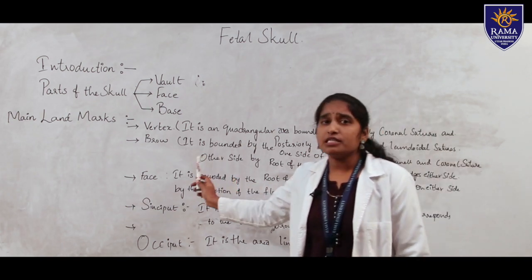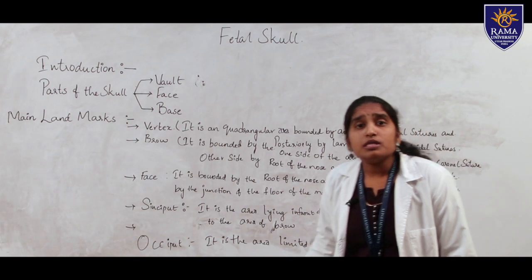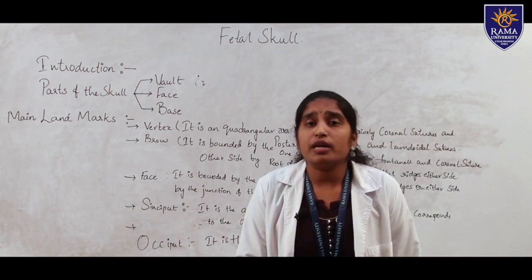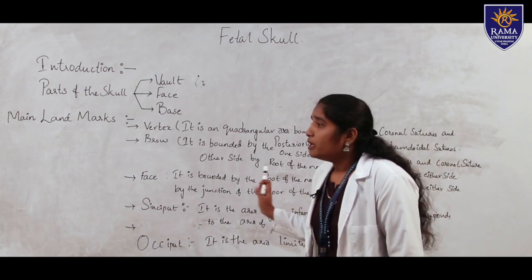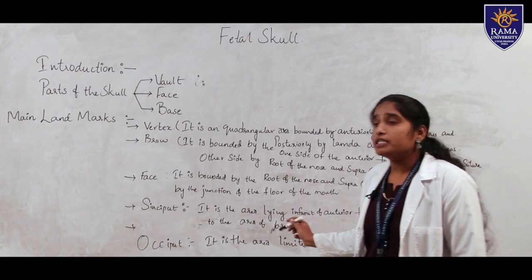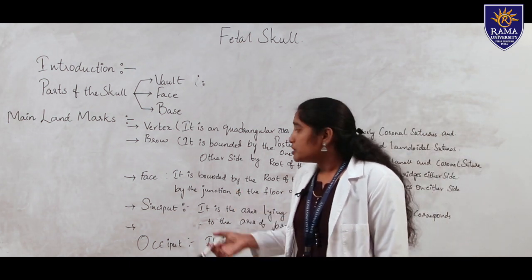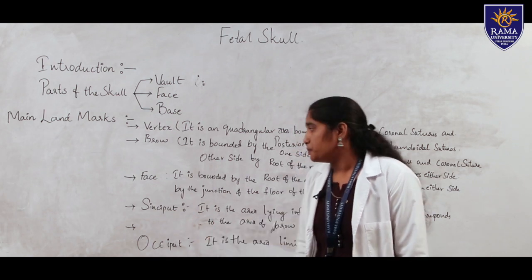The next one is the face. The face is bounded by the root of the nose and supraorbital ridges on either side, and by the junction of the floor of the mouth. Then coming to the sinciput.